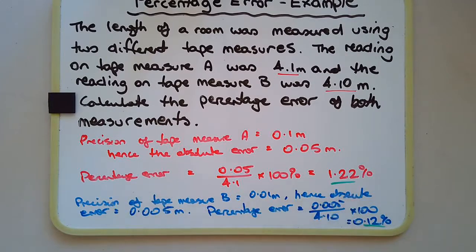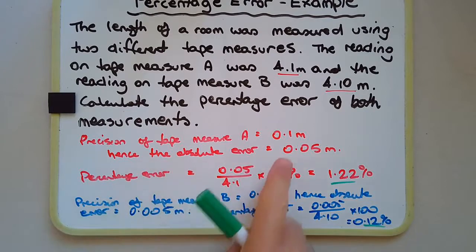If I'm measuring something, let's say for example, to lay a floating floor or measure up some carpet, being 1% or over 1% out could basically make or break a project. So when measuring a room, it could be arguable that over 1% error is not accurate enough. Therefore tape measure B would certainly be more accurate.